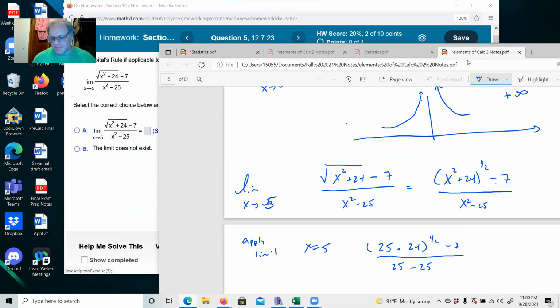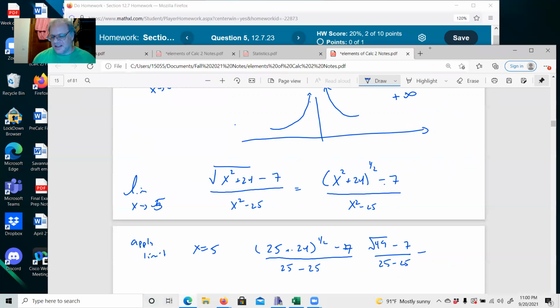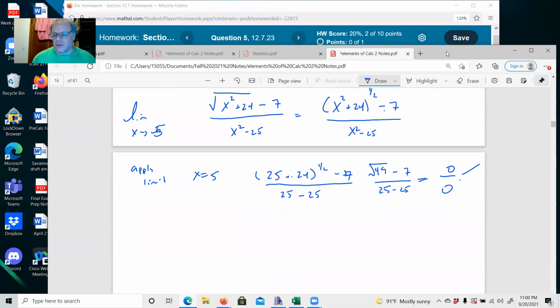Well, 25 plus 24, that's the square root of 49, minus 7, over 25 minus 25. Square root of 49 is 7. So this looks like 0 over 0 to me. So it's indeterminate. Now we're going to go ahead and turn on L'Hopital's rule.